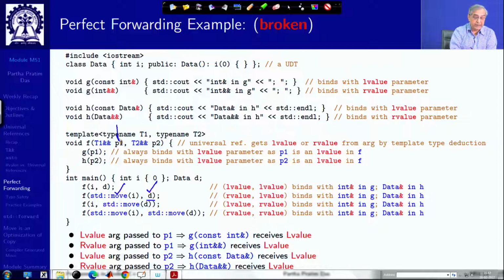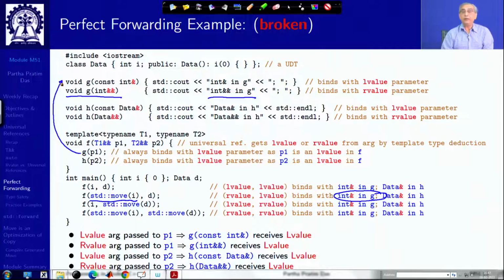I would have expected that for h it is an L value, so this function should get called, but for g this is an R value. So, I would have expected that for g this function should have been called, but no, this function does not get called. g also binds with the L value version of the function.